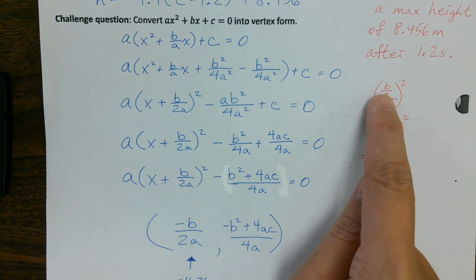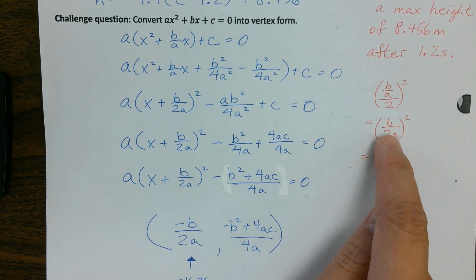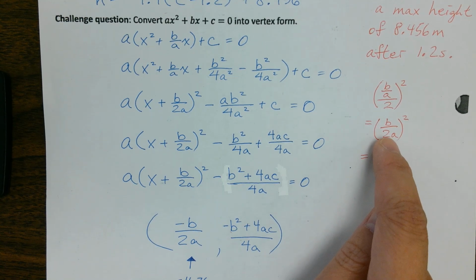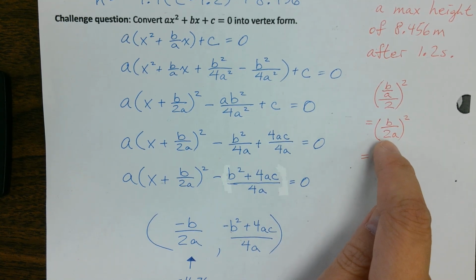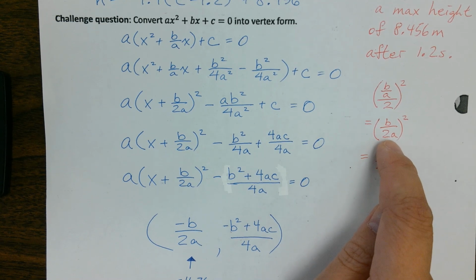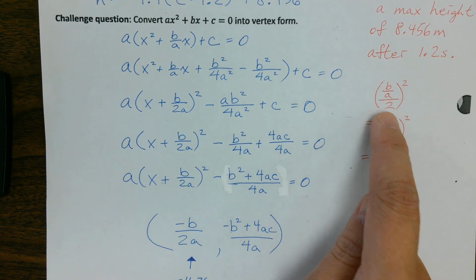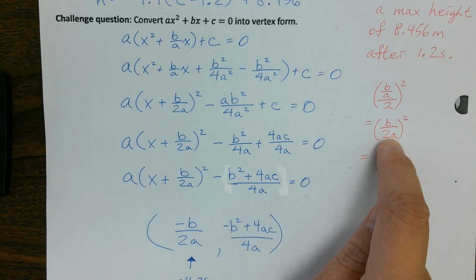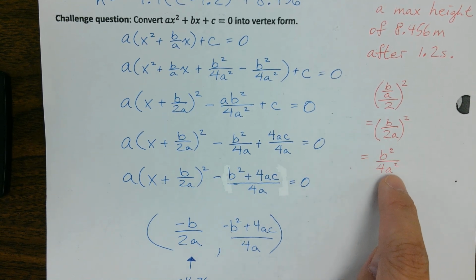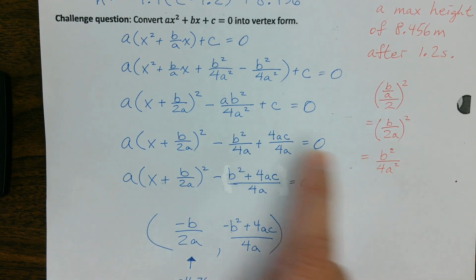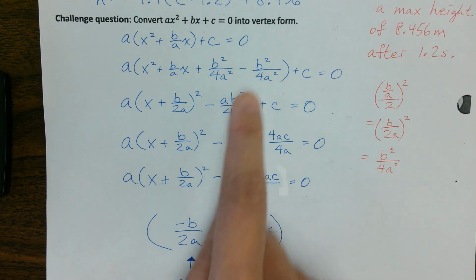Remember, a fraction divided by another is times 1 over 2, the reciprocal. So you get b over 2a. When you square it, you get b squared over 4a squared. So plus that, minus that.